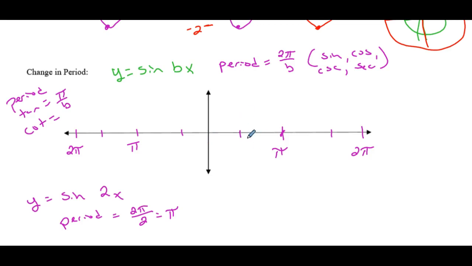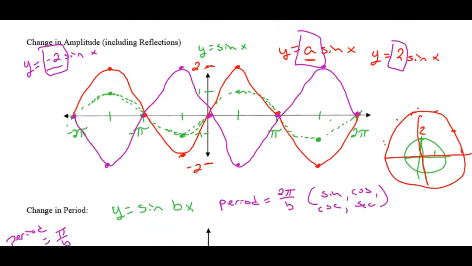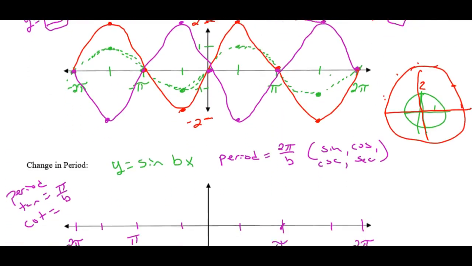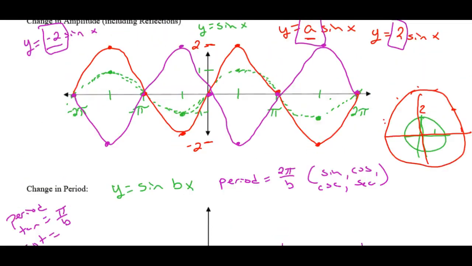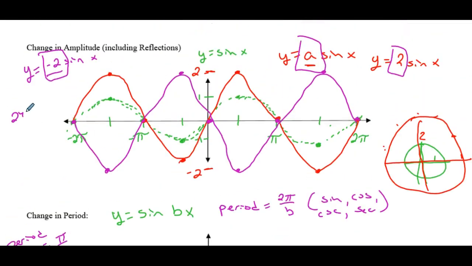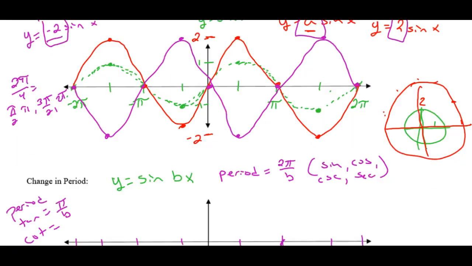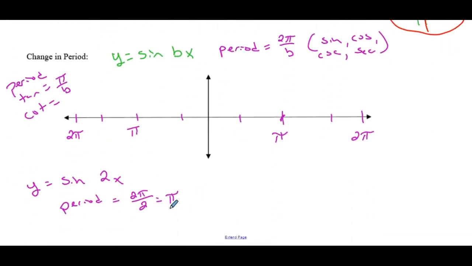Before, I had 2 pi, so I was breaking that up: 2 pi divided by 4, counting by halves, pi over 2, pi, 3 pi over 2, 2 pi. Now the period is pi, so I'm going to divide that by 4.